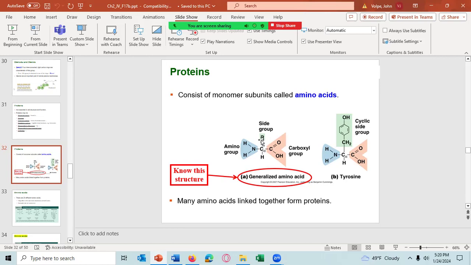So there's one R group for each different amino acid, and one R group is shown here for the amino acid tyrosine. Before I go on, I should mention that the amino acids are linked together one after the other to form proteins.